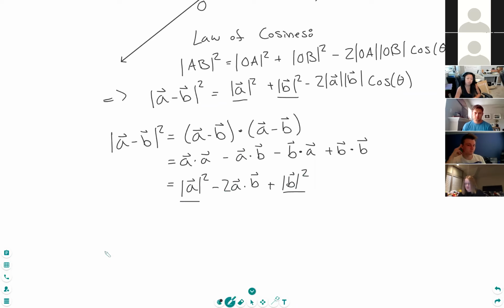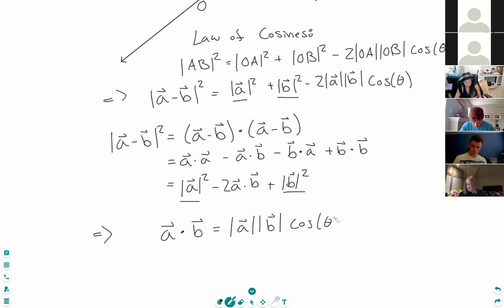So what I end up with is this minus 2 A dot B is this minus 2 magnitude of A, magnitude of B, cosine theta. Well, they both share a minus 2 in common. So the only terms left: A dot B is equal to the magnitude of A times the magnitude of B times cosine of theta.